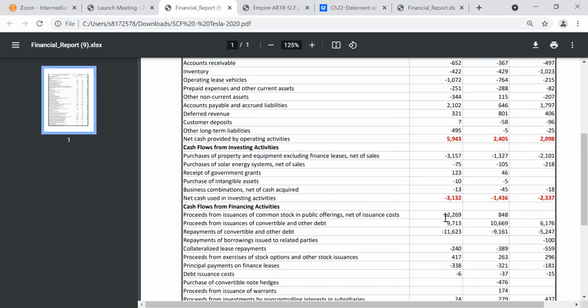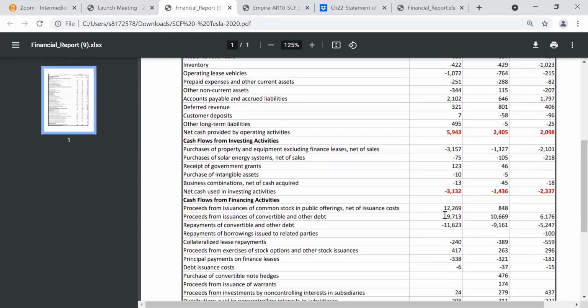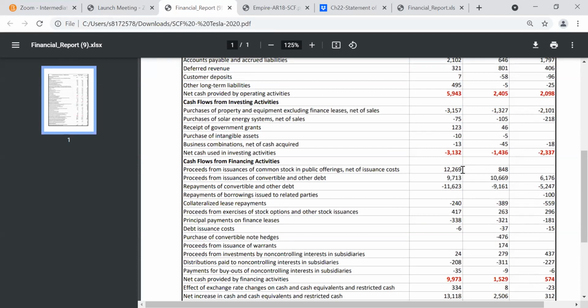For financing activity, let's focus on 2020. Most of the cash is from issuing common stock in public offerings, okay? They also have some convertible and other debt, because convertible debt has the advantage that you can lower the rate or issue for more money, because of this convertible potential we talked about.